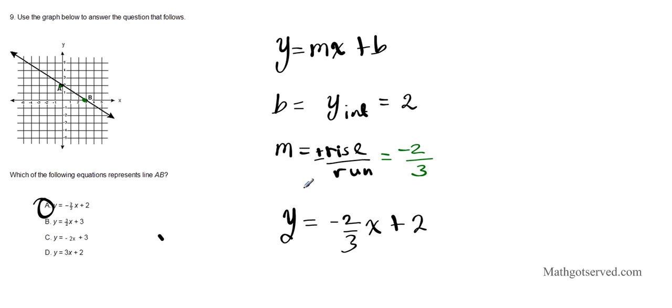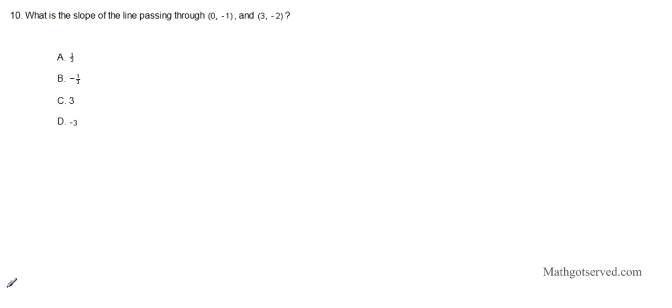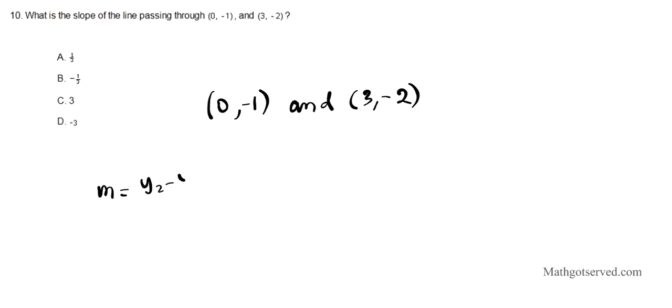All right? Okay, let's take a look at the last question. It says, what is the slope of the line passing through 0, negative 1, and 3, negative 2? Now, you can use the slope formula in your formula sheet. m is equal to y2 minus y1 over x2 minus x1. Okay? So this is x1, y1, and this is x2, y2.